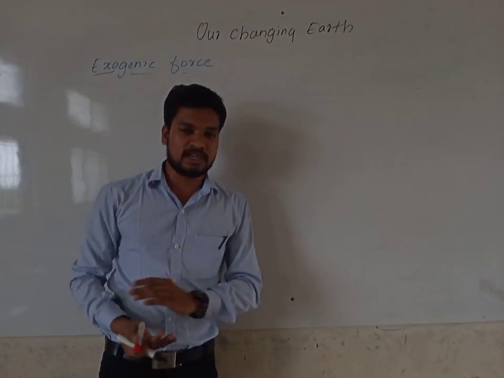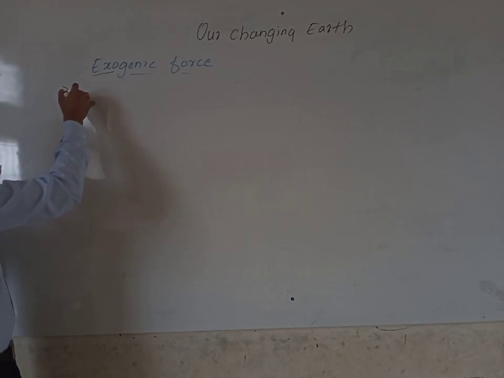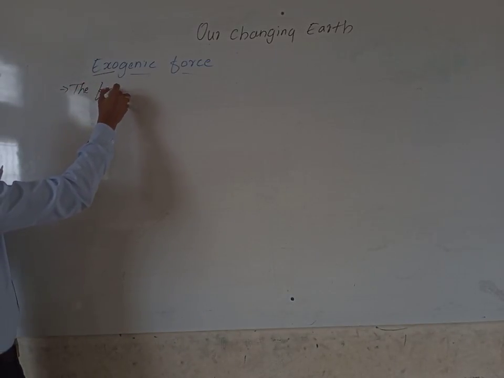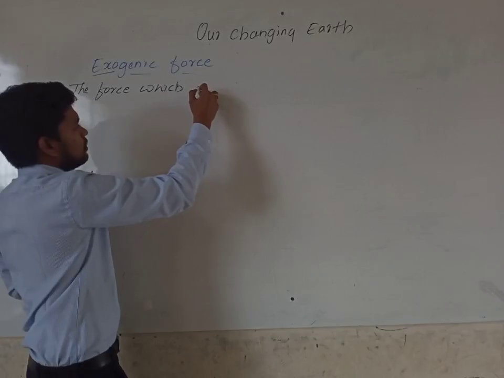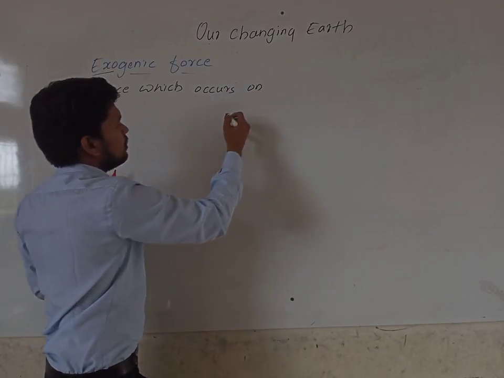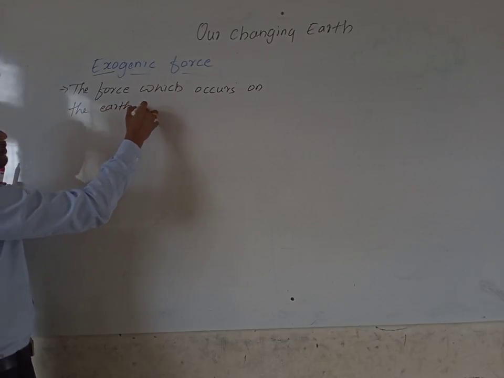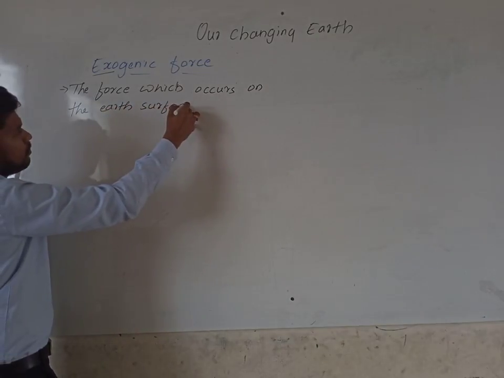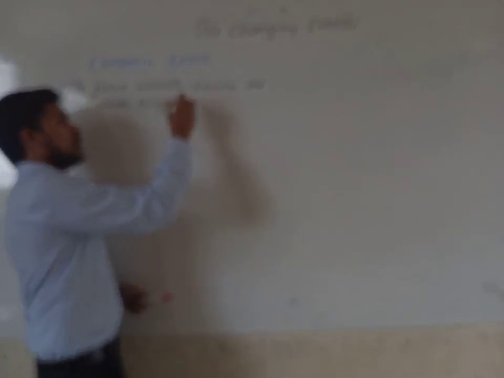Exo means outside of the earth, on the earth's surface. The force which occurs on the earth's surface is called exogenic force. Exo is nothing but outside.